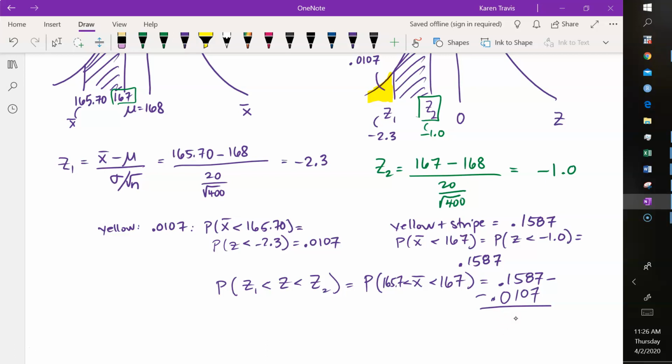Sorry, the difference between those two is going to give me 0.1480.